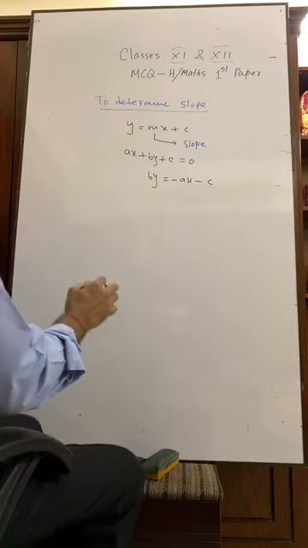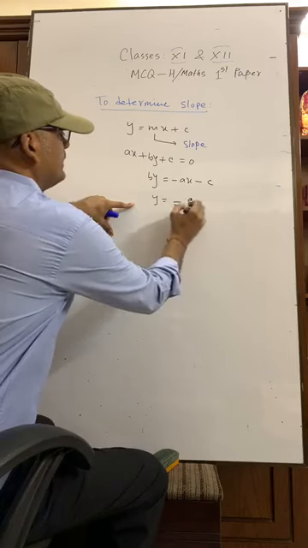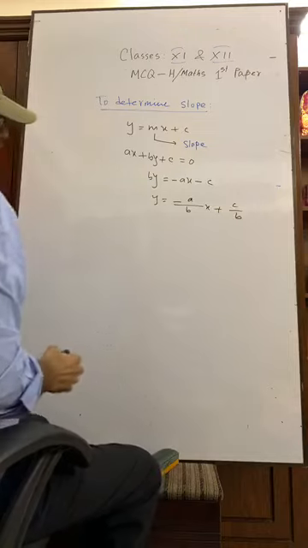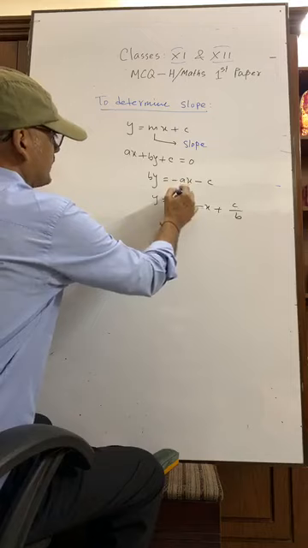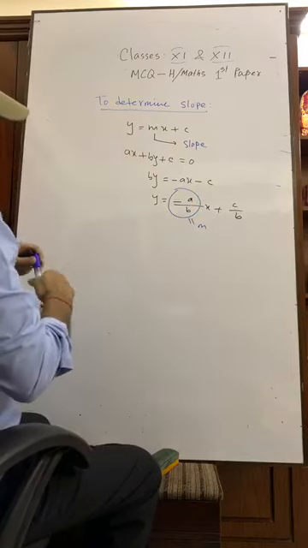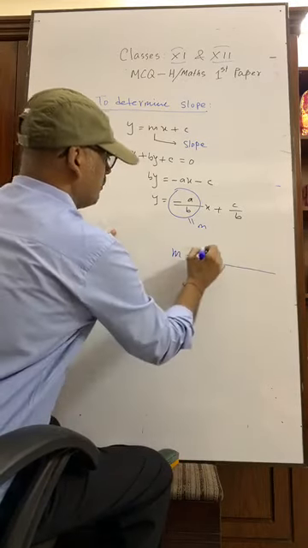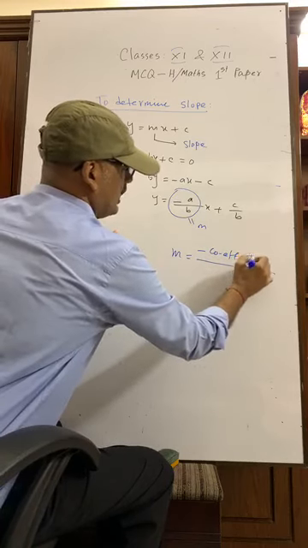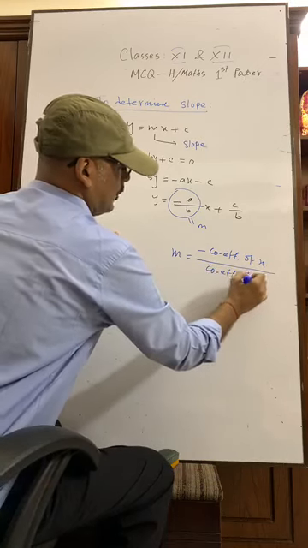Okay. So y equals minus a by b x plus c by b. That means in this straight line, this is our slope, right? This is m. So in short, m equals minus coefficient of x by coefficient of y.